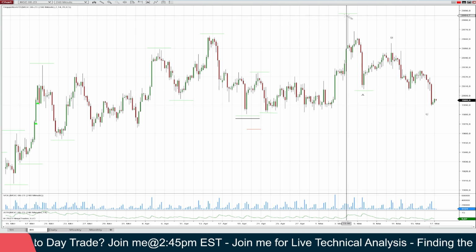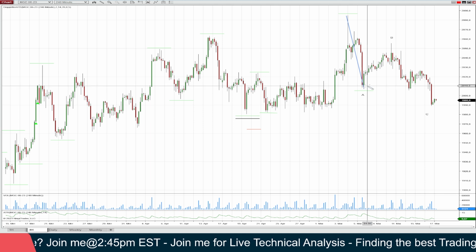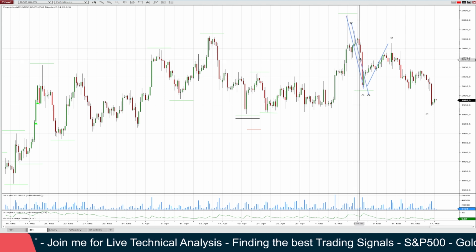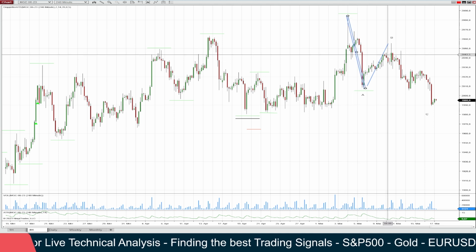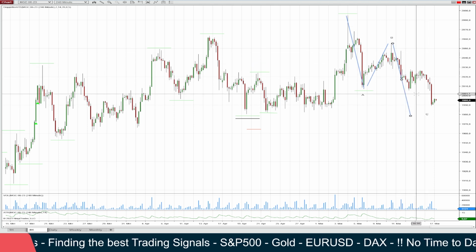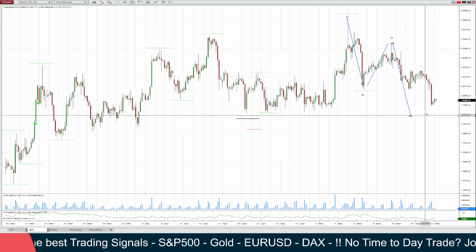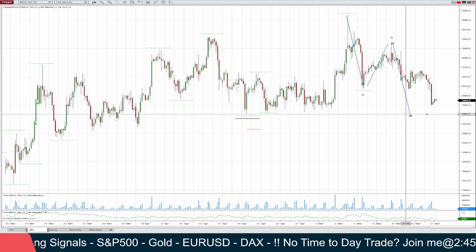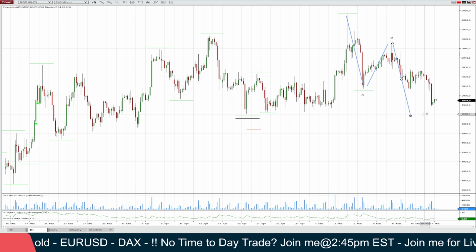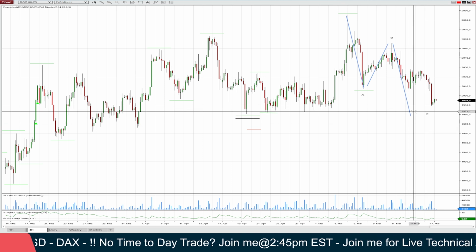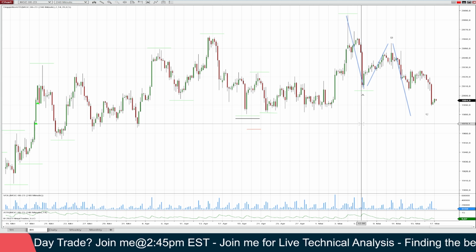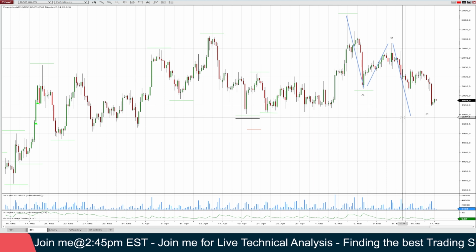You have this A wave, then you have the B wave, and as I always say, the C wave is most of the time the size of the A. So this is where we would like to go long at the end of the C. I was always talking about the 1980 level, and yeah, we could do that, and we most likely will. It actually looks pretty good.